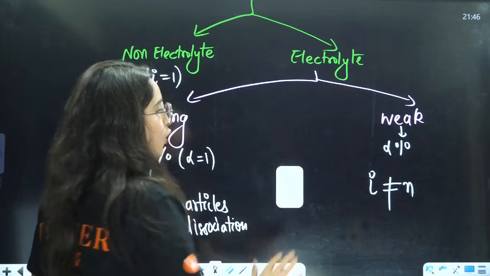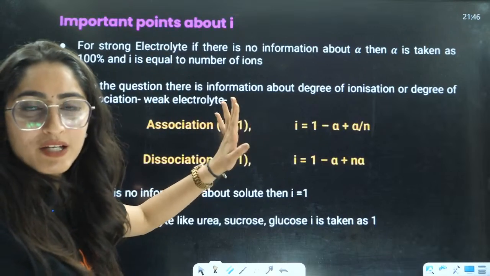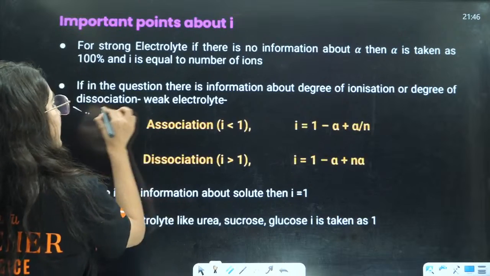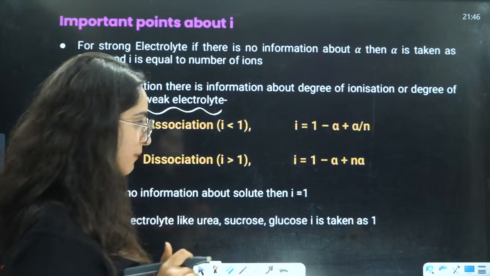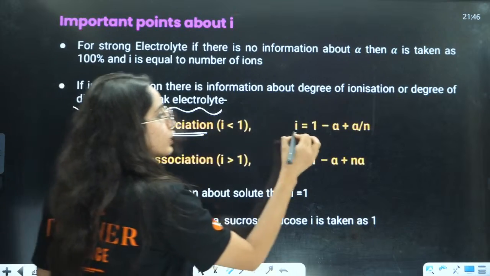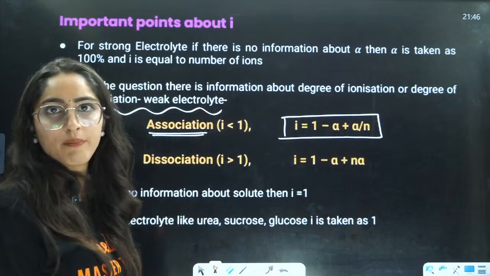Now, the formulas that we are going to talk about are for the weak electrolyte, that is, when you have degree of dissociation or association as alpha. If you talk about association, in that case i is equal to 1 plus alpha by n.